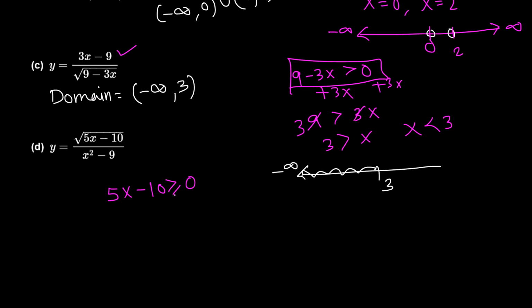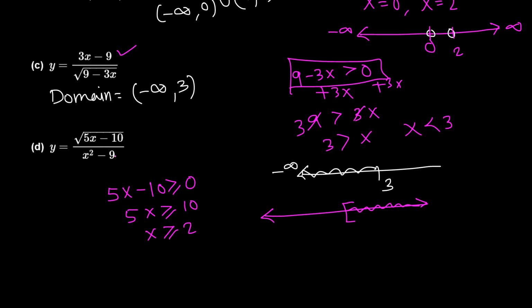So from this, let's solve for x. Add 10 to both sides. Divide by 5. So just from the top we see that the domain is all real numbers bigger than or equal to 2. So on this number line, bigger than or equal to 2, so a bracket at 2.